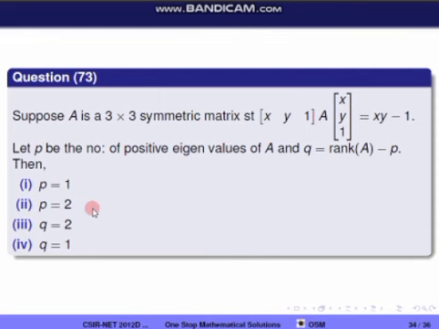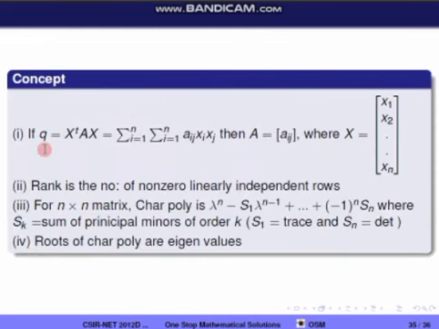So we will look into the concepts used. If Q is equal to X transpose AX, equal to sigma i equal to 1 to n, sigma j equal to 1 to n, Aij Xi Xj, then A is the matrix formed by Aij, where Aij is the coefficient of Xi Xj, and X is equal to X1, X2, etc. up to Xn. Rank is the number of non-zero linearly independent rows.